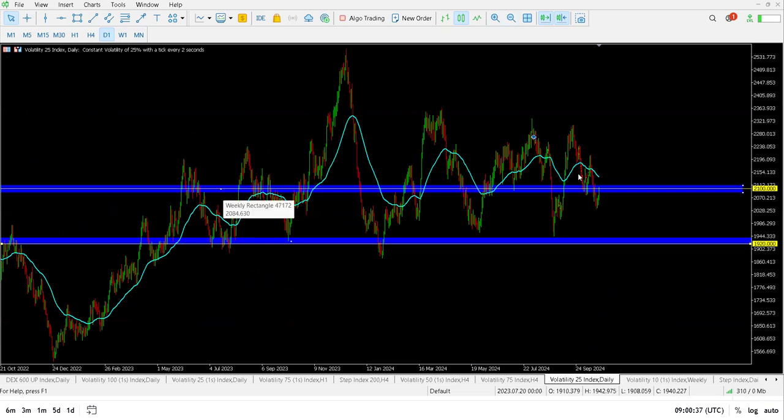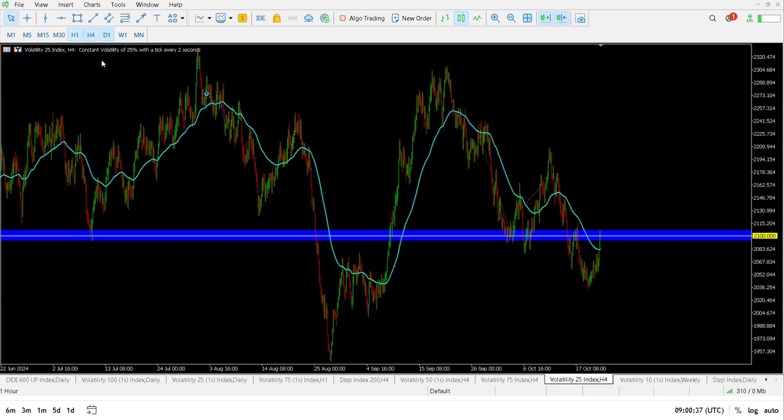Now this is where we want to stay very watchful to see that the market doesn't leave us behind. And I think I'll go with the 1 hour time frame.